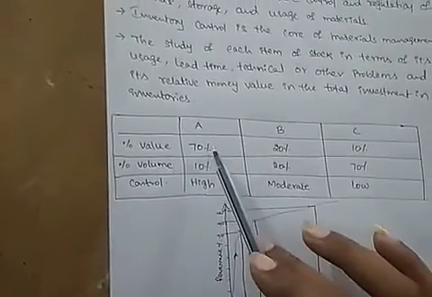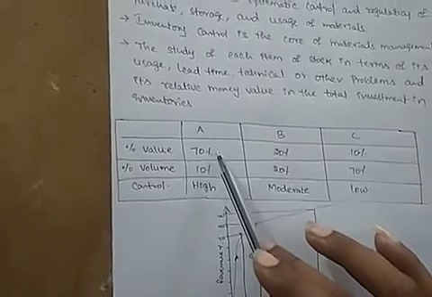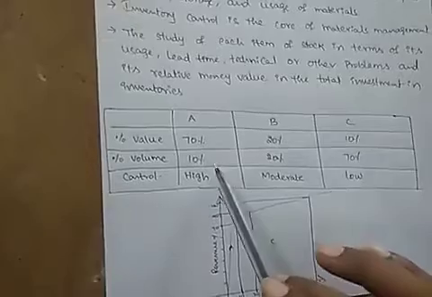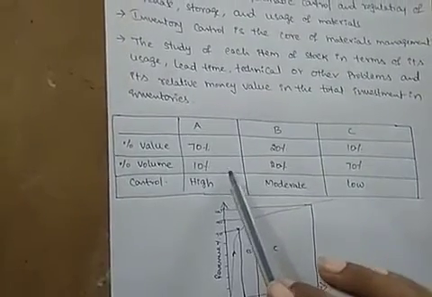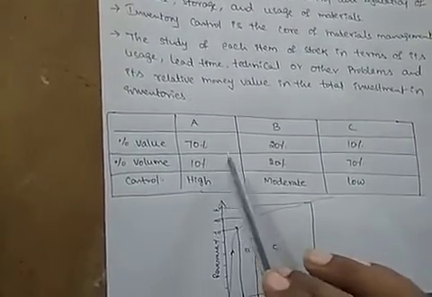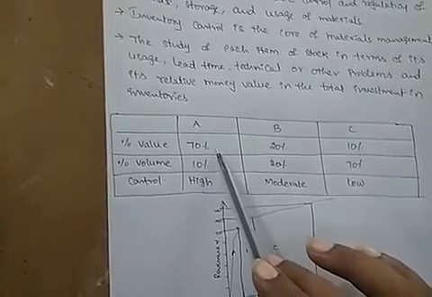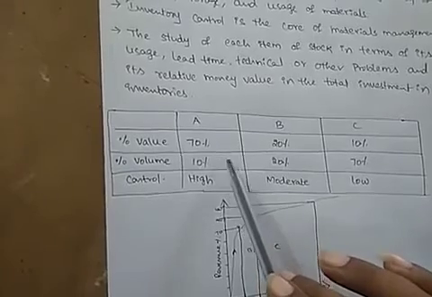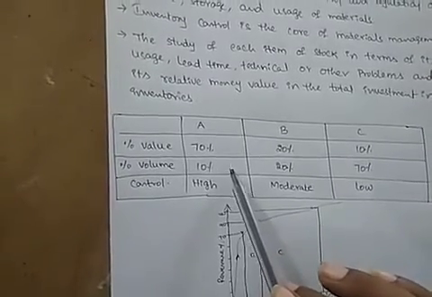Here we invest 70% of our investment in A category items, but we receive only 10% of the quantity of materials. What we need to identify here is that we invest 70% of the funds, but receive only 10% of the volume of the materials.